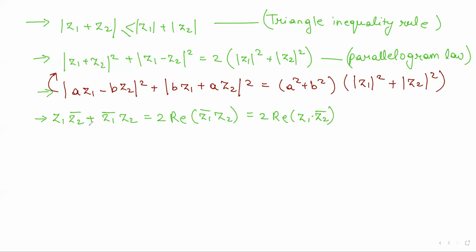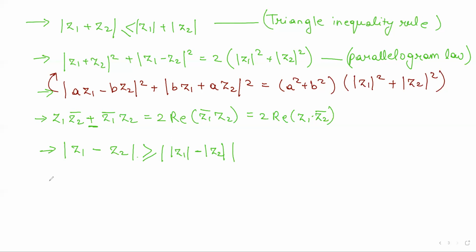Now, the formula is also valid for negative values: first term minus second term. Mod of z1 minus z2 will always be greater than or equal to mod of (mod of z1 minus mod of z2). The outer mod suggests whatever value you get inside, you take the mod of it.